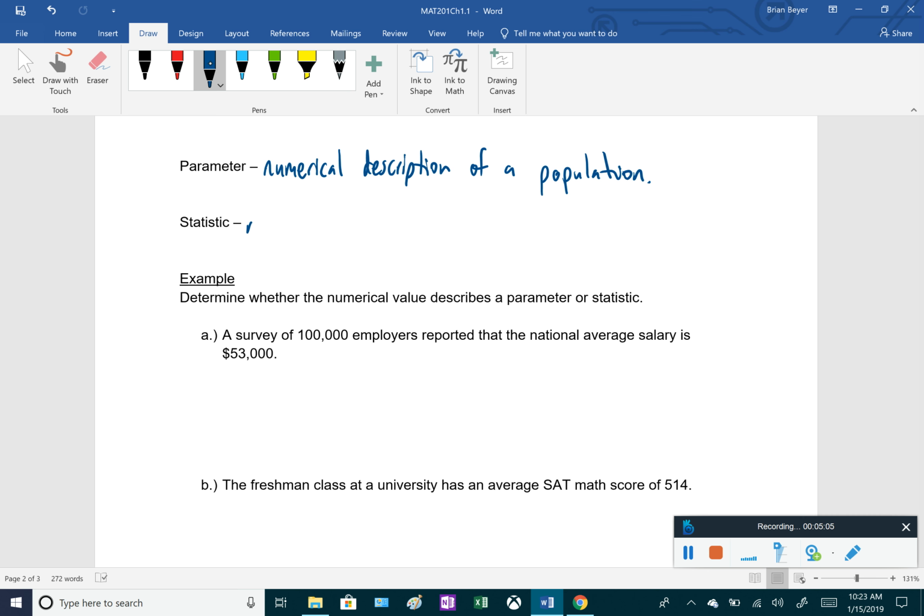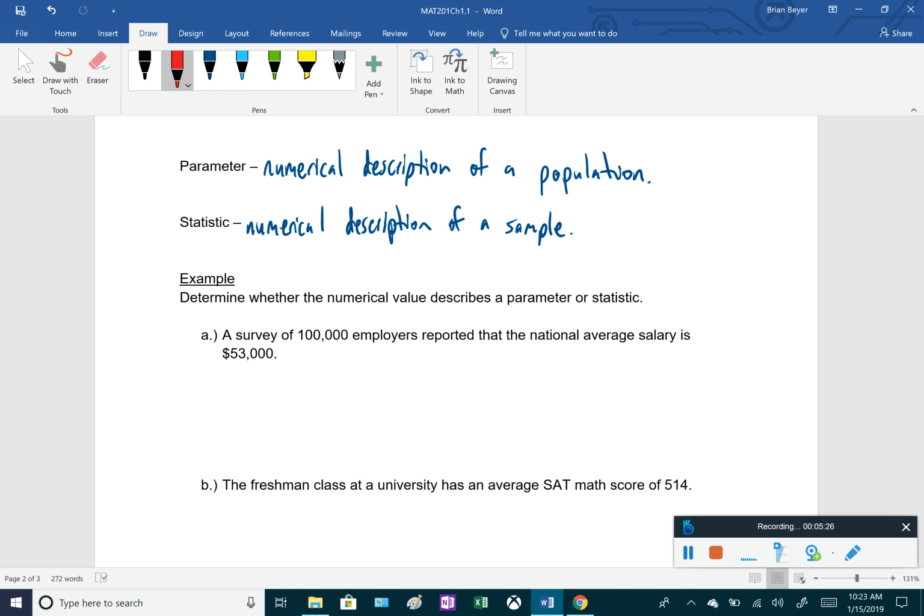And a statistic is going to be a numerical description of a sample. So parameter is just a number referring to a population. A statistic is a number referring to a sample.